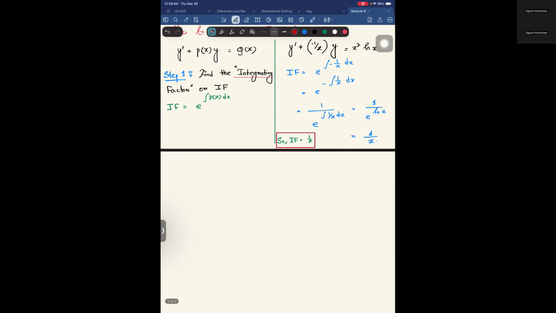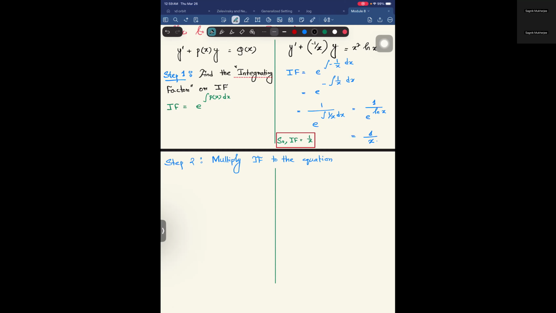Okay. Once you find out this integrating factor, what should you do? So step 2. Multiply it to the equation, right? So what happens when you do that?